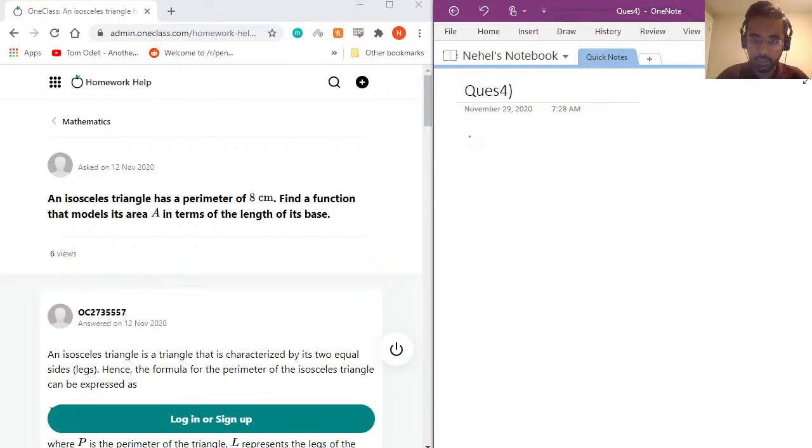So what the question is asking us to do is, we have an isosceles triangle. Okay, let me just use my draw tool, and that will hopefully help you understand what an isosceles triangle is as well.